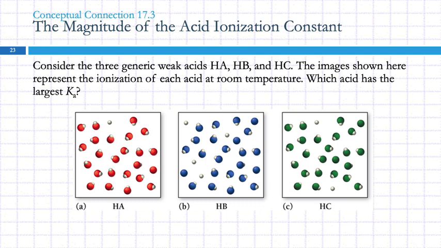Let's talk about the magnitude of the acid ionization constant. So here we have illustrations of 3 different generic weak acids. We're calling them HA, HB, and HC. And these are representing the ionization at room temperature, and they're asking us which one has the largest Ka.